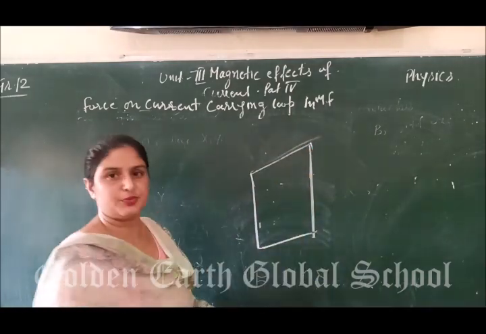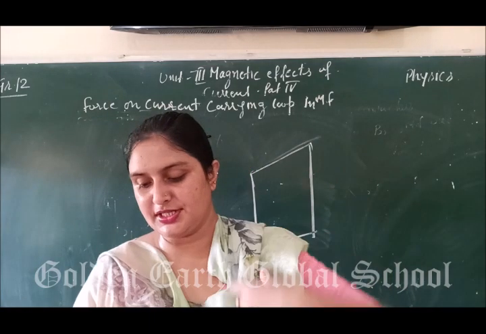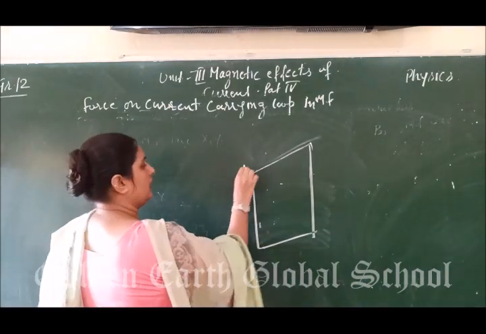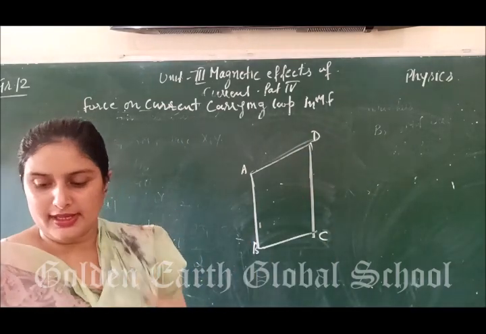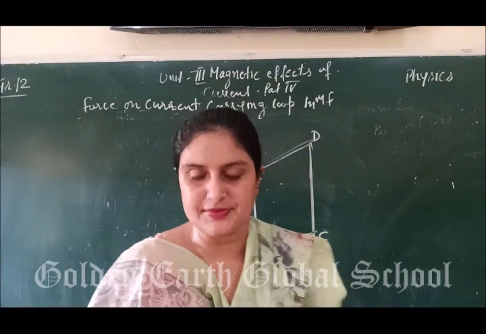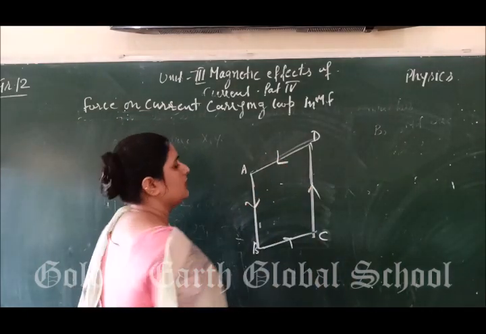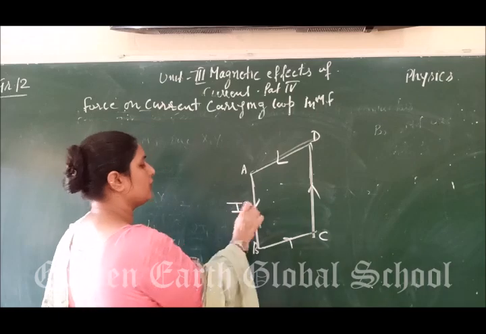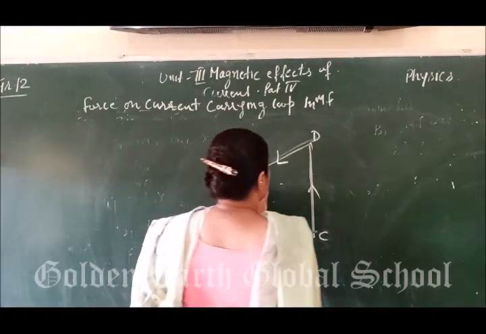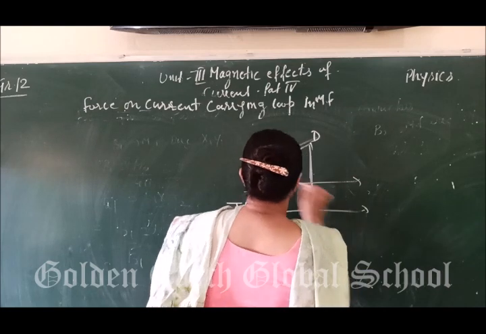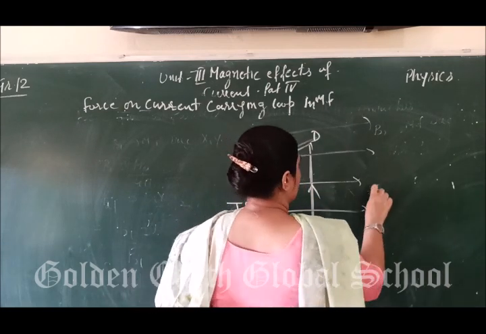A rectangular loop ABCD. Name it as ABCD. And the current is flowing like this, through DA. This is the current I flowing in this loop. And let us suppose the magnetic field is acting parallel to the plane of the loop.